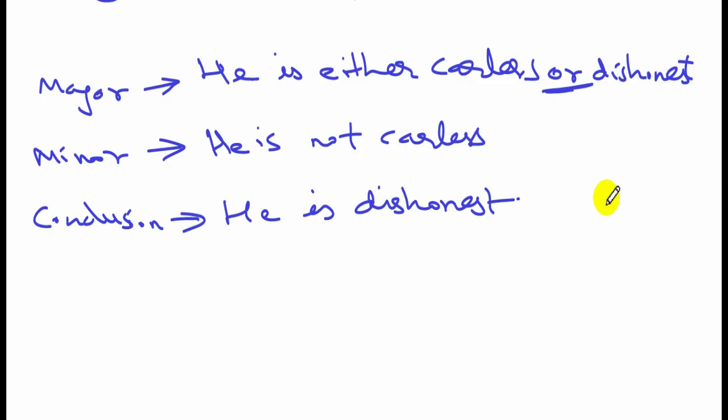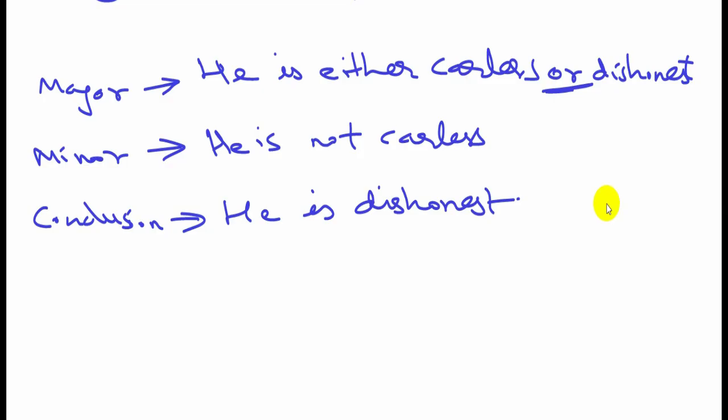The minor premise of a disjunctive argument may either affirm one of the alternatives or deny it. On this basis, there are two forms of disjunctive arguments. These are modus ponendo tollens and modus tollendo ponens.